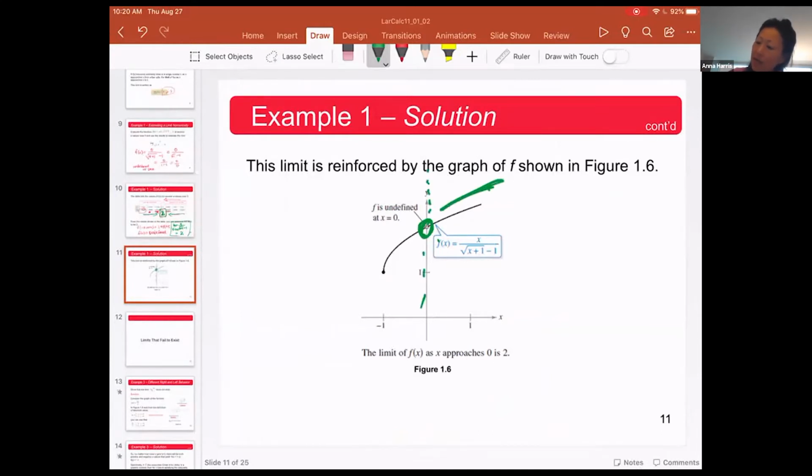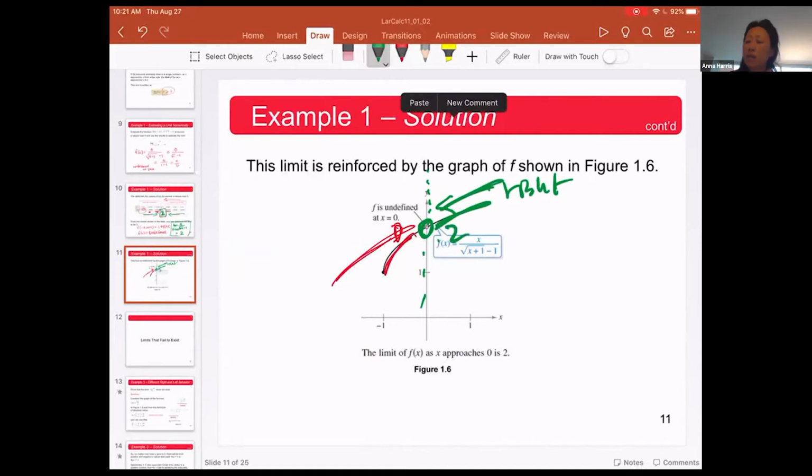I'm looking from the right-hand side, and then from the left-hand side. What happened? It is approaching where? 2.